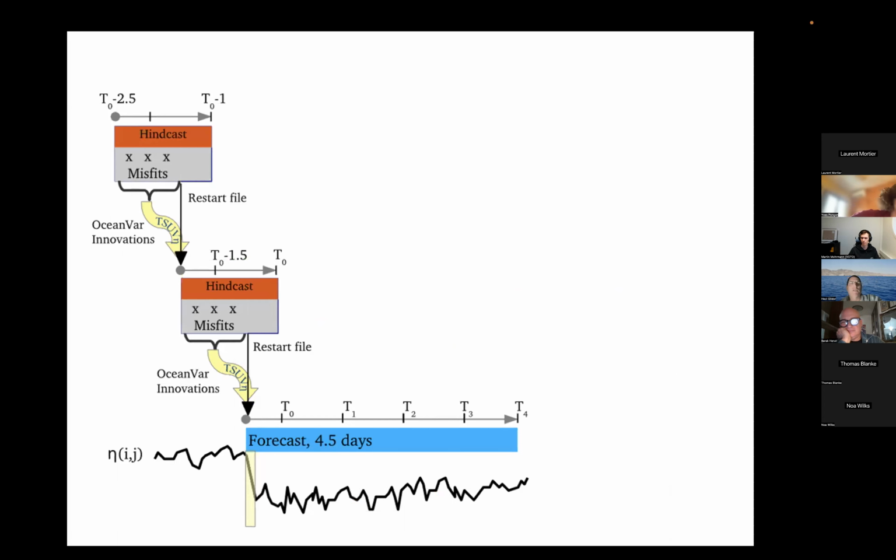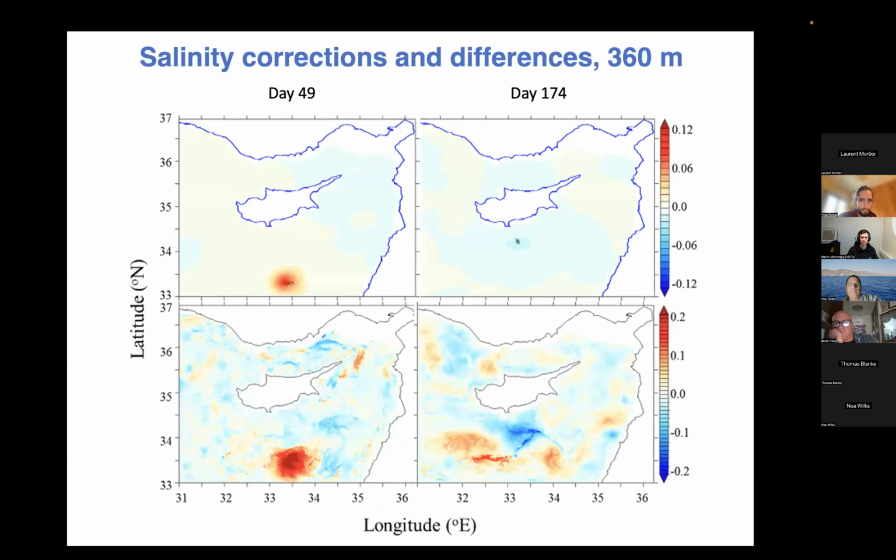Again, compare the model result to the glider, do another correction, and then you restart the model and run it in a forecast mode for 0.45 days. And every day you repeat this process at noon, and we did it for about 6 months.